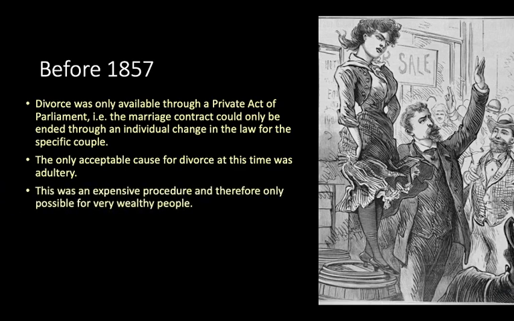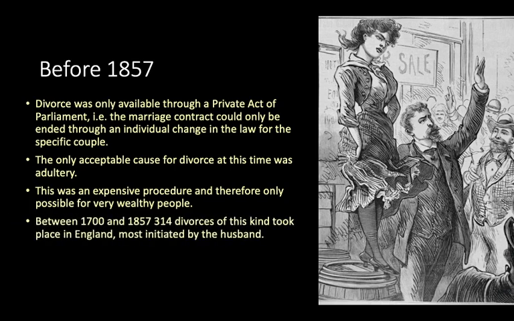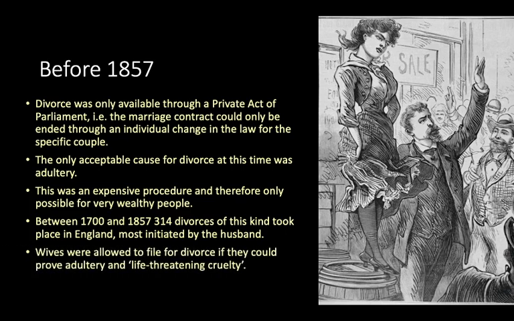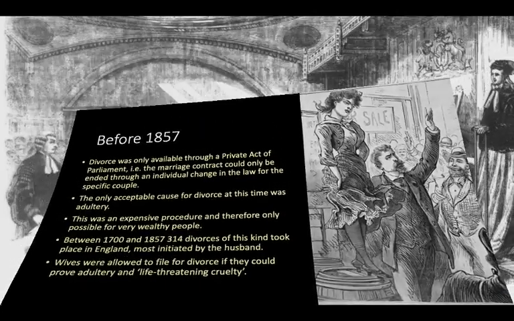This was a very expensive procedure, and therefore only really possible for very wealthy people. Between 1700 and 1857, there were only 314 divorces of this kind, over a period of 157 years. These were mostly initiated by the husband. Wives were allowed to file for divorce if they could prove adultery and life-threatening cruelty.